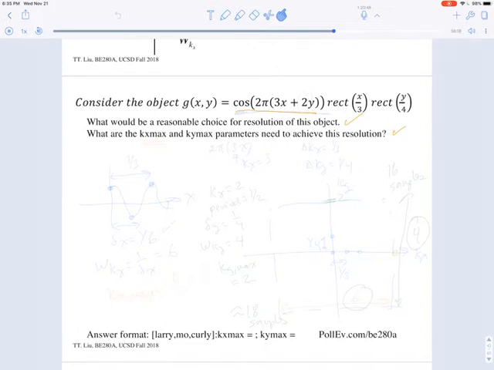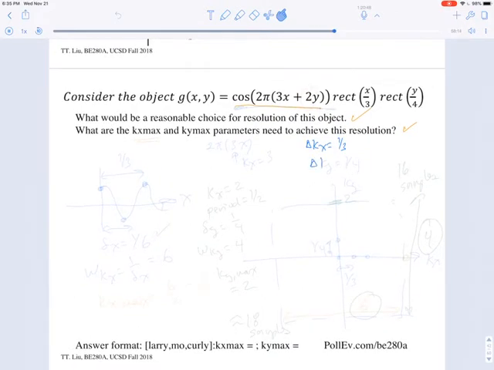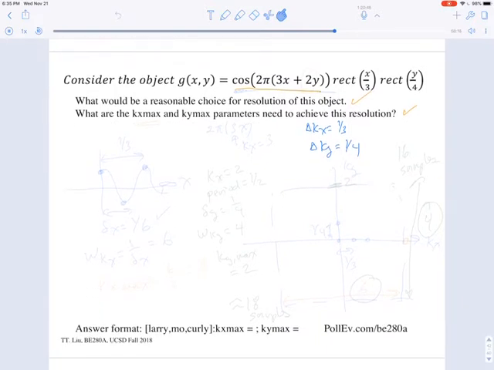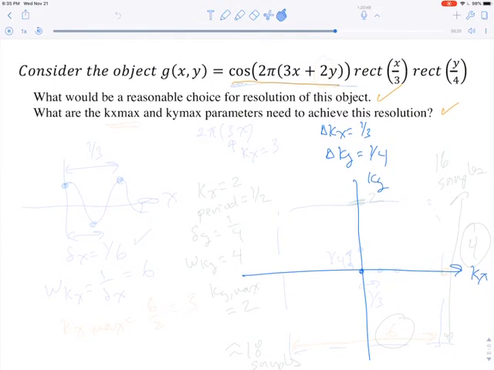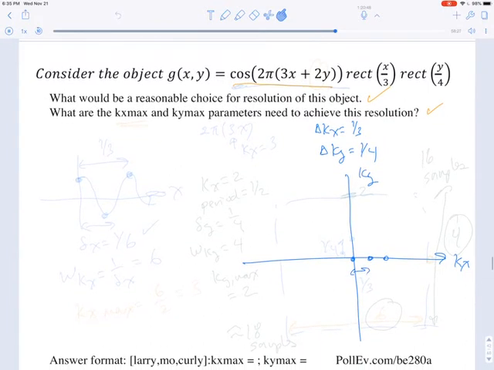From before, the previous parameters we tried were delta KX equals 1/3 and delta KY equals 1/4. So in the k-space domain, the sampling interval is 1/3 in this direction and 1/4 in that direction.